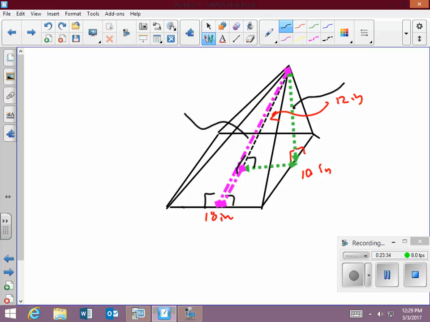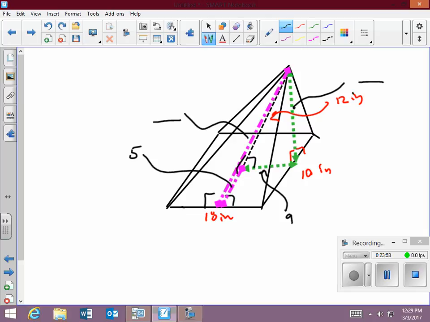And this distance right here is half of 18, which is 9. And this distance right here is half of 10, which is 5. We have to calculate this and this. And we have 12 inches.